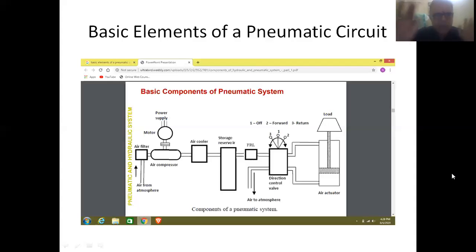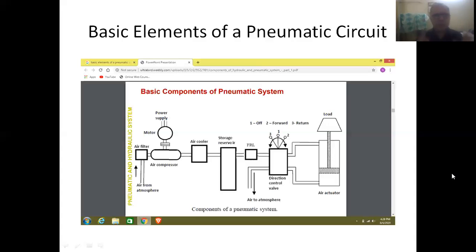And all other items we have discussed so far are referred to as secondary components of the circuit. We talked about the first air filter, second air filter, pressure regulator, air lubricator, DC valve, air cooler, and storage reservoir. All these items put together are referred to as secondary components. Compressor and cylinder put together are referred to as primary components.